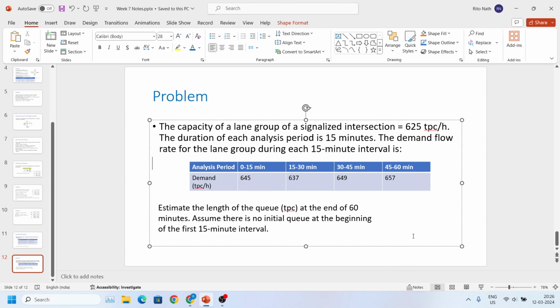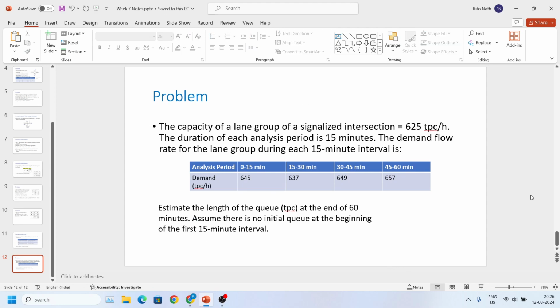So this is the data and you have to solve this problem. So let me solve it in the next page. Maybe you can take a picture of the data. Then I'll move to the next page.